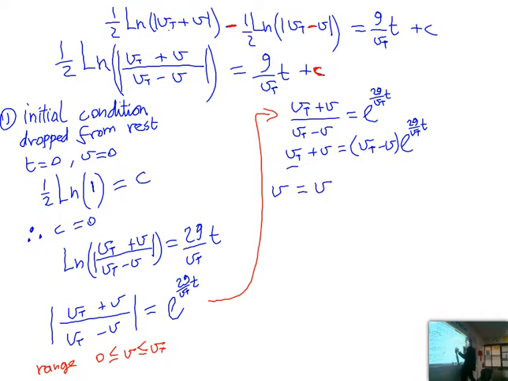So we get a Vt times the exponential minus V times the exponential, and I'm subtracting that extra terminal velocity term.